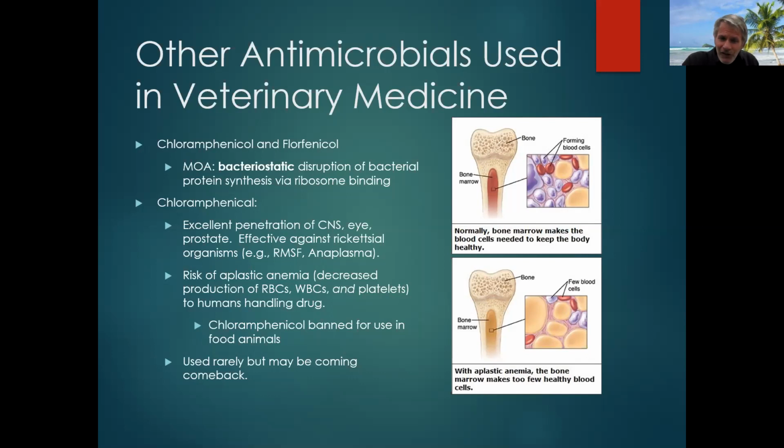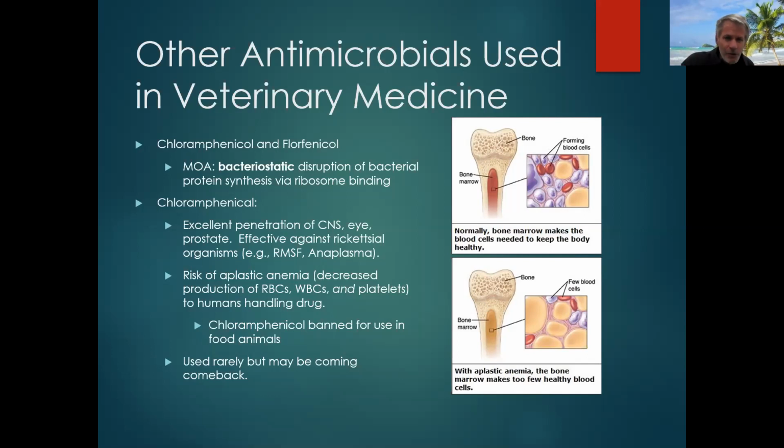It does have excellent penetration of the central nervous system and the eye and the prostate. It's effective against rickettsial organisms. It may be making a little bit of a comeback. The main reason why it's not used is if you get it on your hands, or in your body, it can cause what's called aplastic anemia.